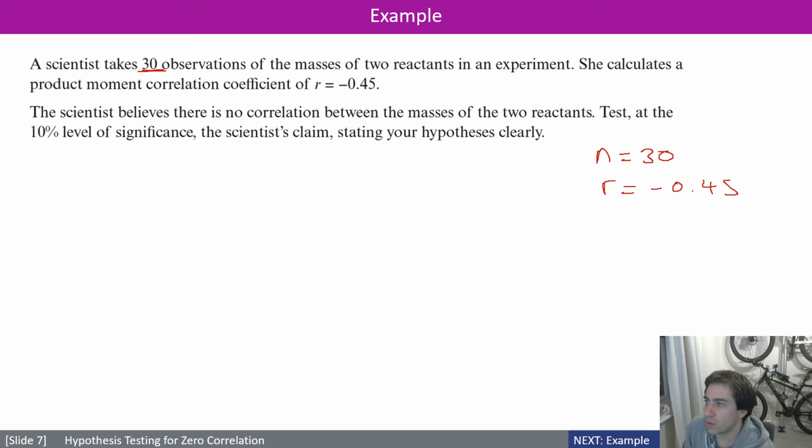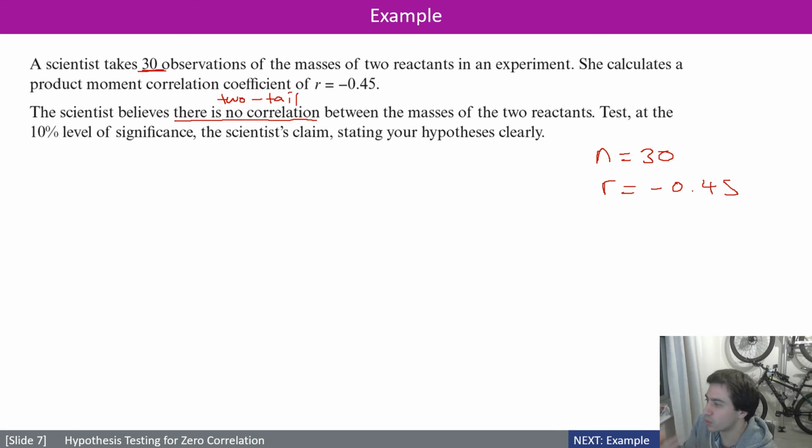First of all, she believes there is no correlation. It doesn't actually matter if she believes there's no correlation or there is correlation. The only thing that's important is: does she think there's no correlation, or no positive correlation, or no negative correlation? In this case, it's unspecified, so this wording tells me that it's two-tail.